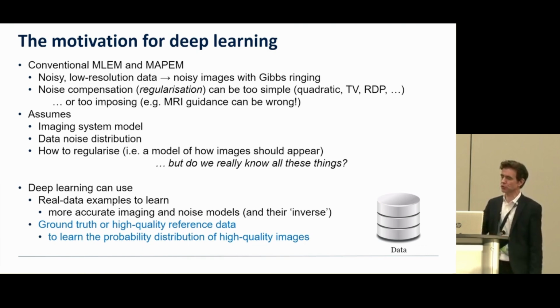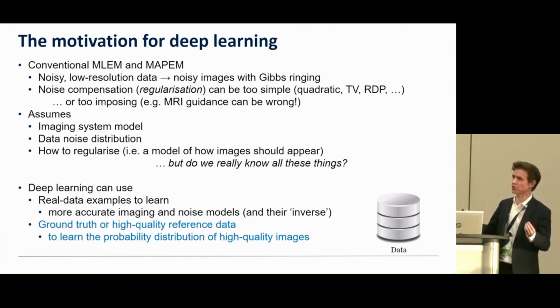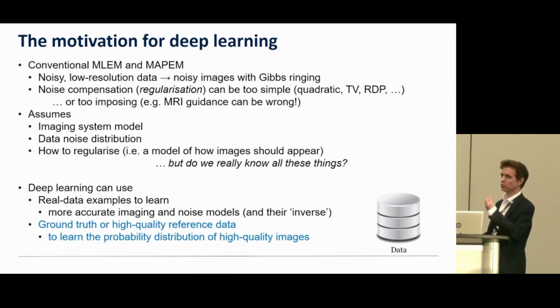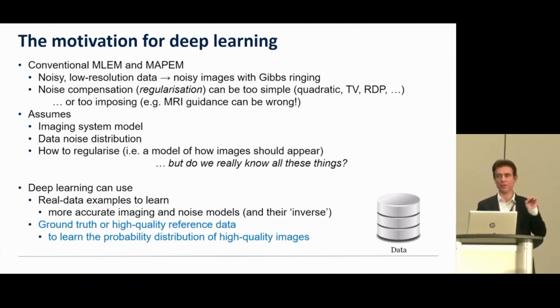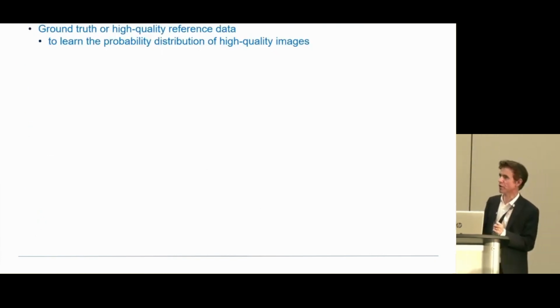We can use real data, paired examples in supervised learning, to come up with more accurate models between the data and the images and also even better model the noise, although I think we're all pretty happy with the possible noise model. But crucially, the one that deep learning can really help us with, and that's where we've done most of our work, is on defining the so-called probability distribution of high-quality images, that P of X that we saw earlier. Okay, so deep learning can really help there.